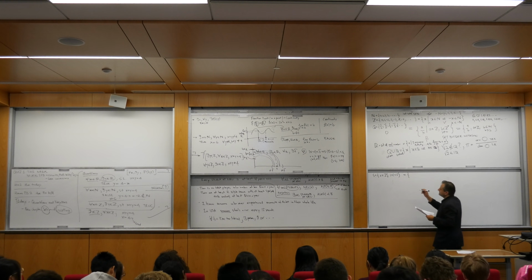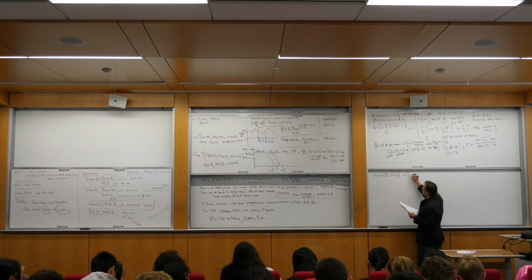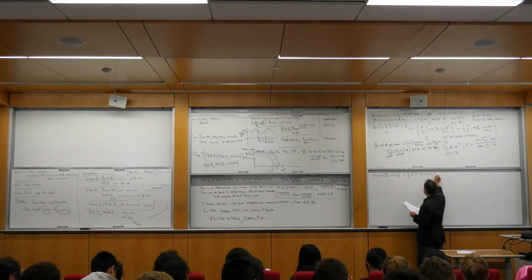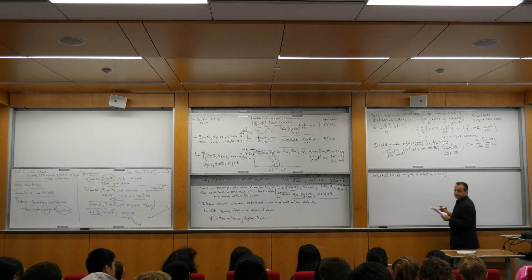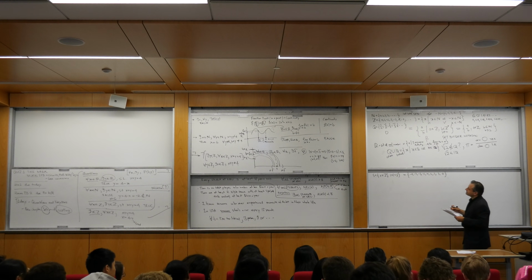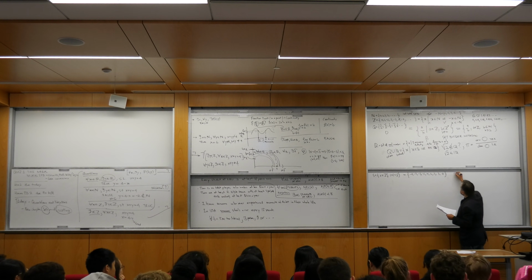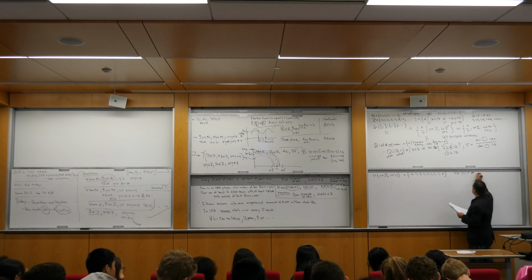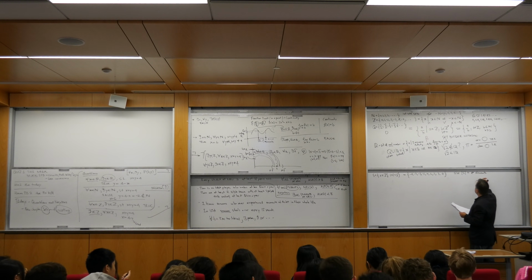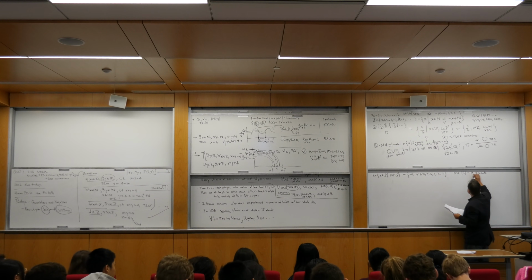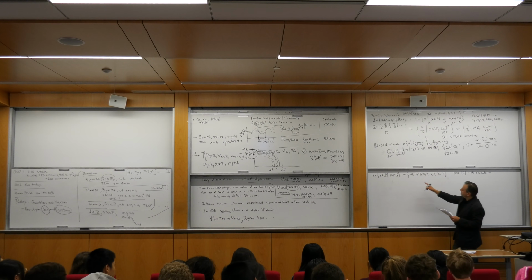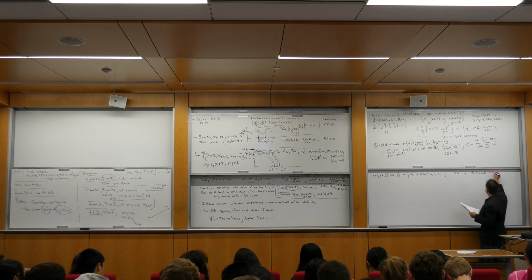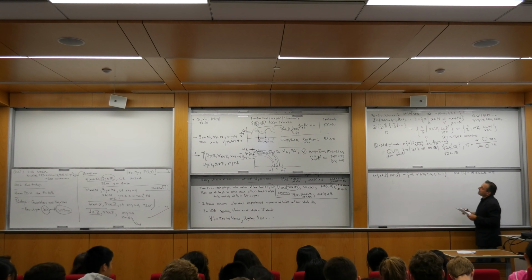If I enumerate it: -4, -3, -2, -1, 0, 1, 2, 3, 4. The size of S, written like that, is the number of elements. In this case, it's how many elements are in there: 1, 2, 3, 4, 5, 6, 7, 8, 9. Nine elements.